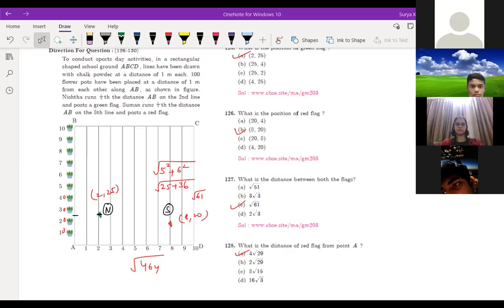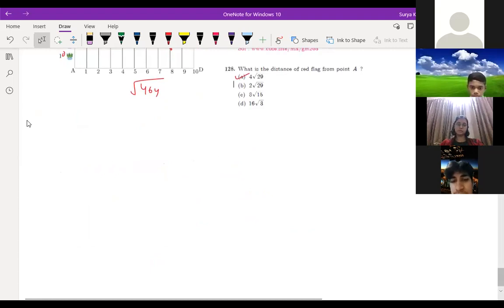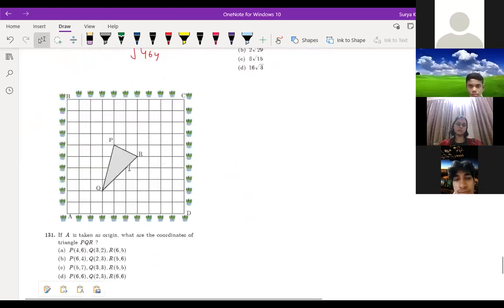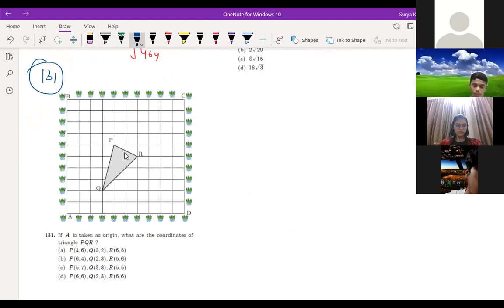Okay, next question number 131. A is taken as the origin. What are the coordinates of the vertices of triangle PQR?